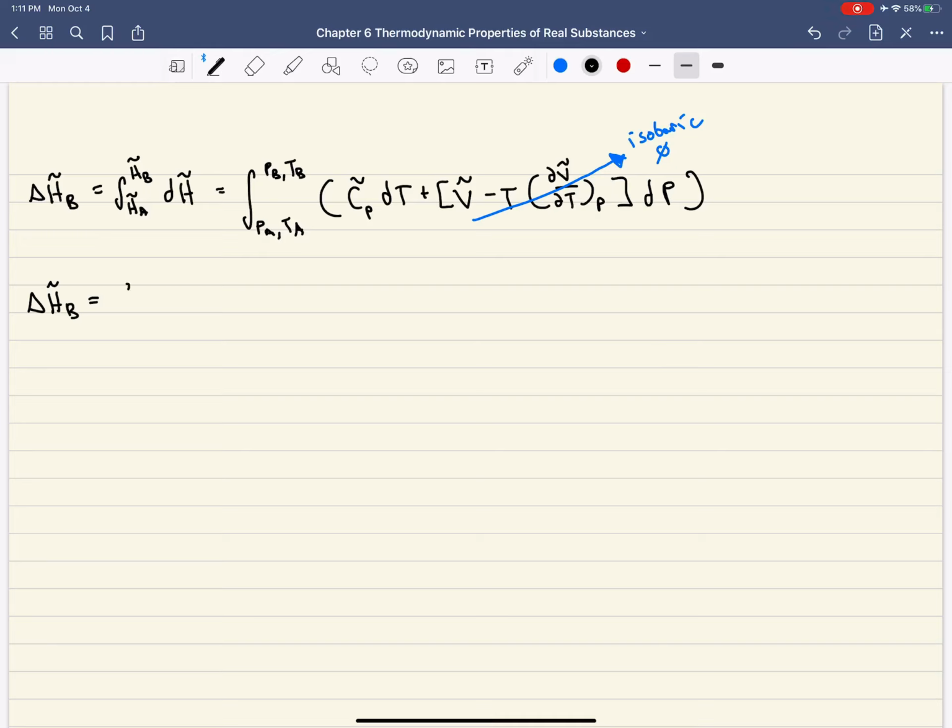And so what we're left with is that delta HB is equal to, I'll still keep the pressures in here for now, essentially we just need to worry about this heat capacity term. Okay?